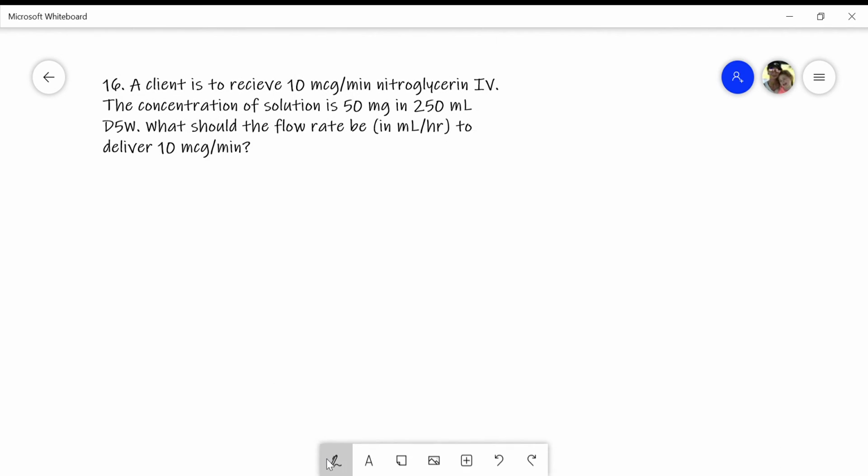All right, so a client is to receive 10 micrograms a minute of nitroglycerin IV. Concentration of the solution is 50 milligrams in 250 milliliters. What should the flow rate be in milliliters an hour to deliver 10 micrograms a minute?